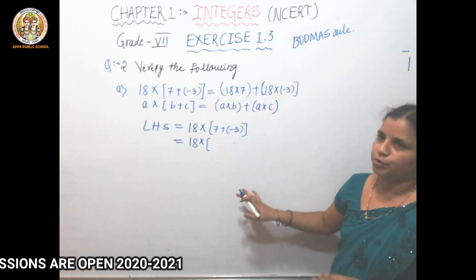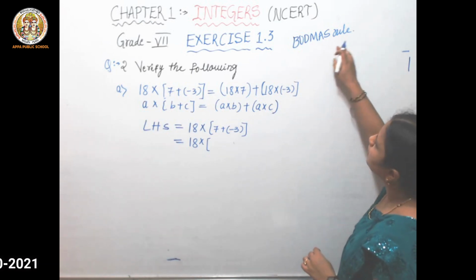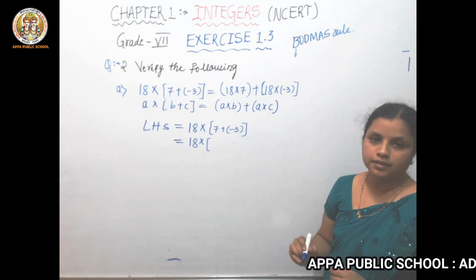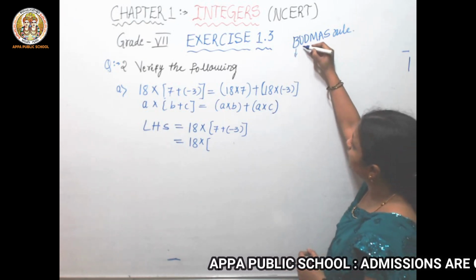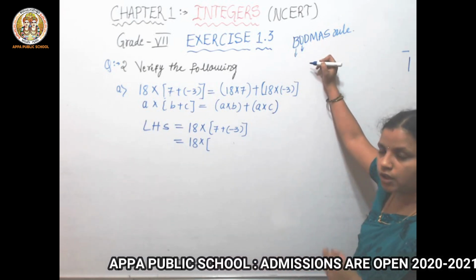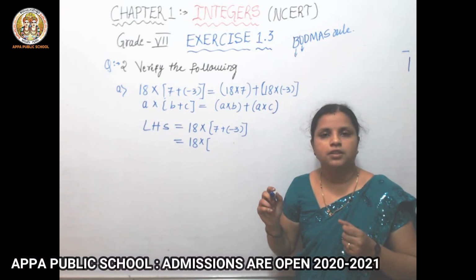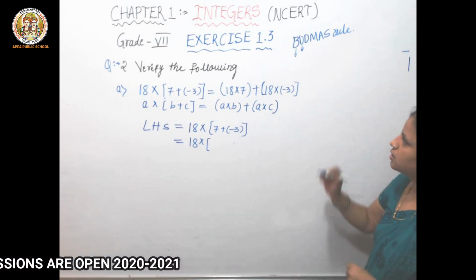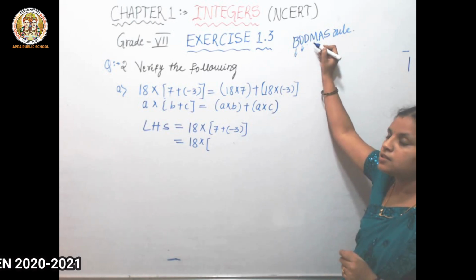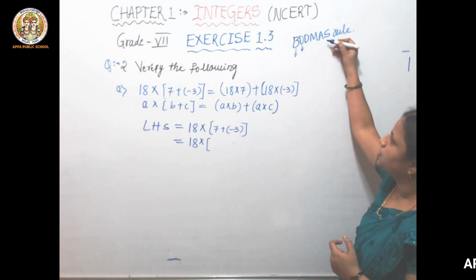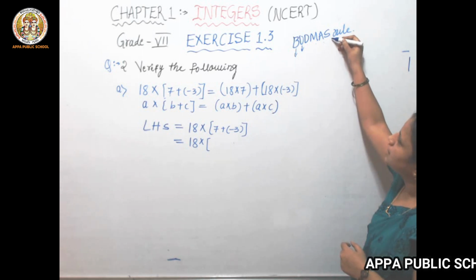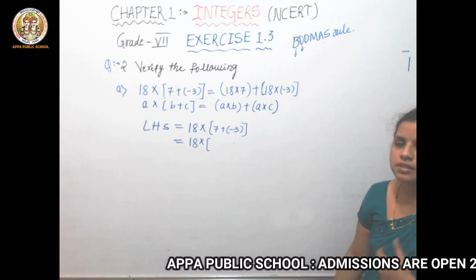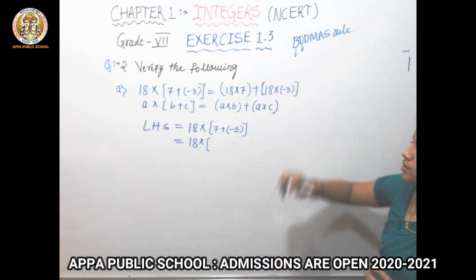Whenever you are solving problems, you should follow this sequence. First you have to solve the bracket. B indicates bracket and O is of. If in the question you have the term of, then you have to solve that first. Then D indicates division, M multiplication, A addition and S subtraction. You must follow this sequence. This is the BODMAS rule.